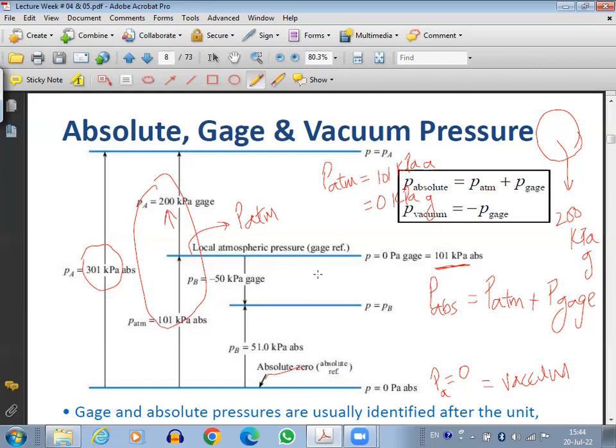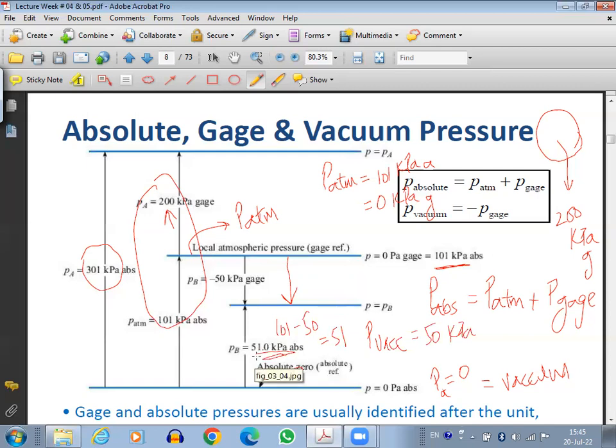So if I say that P vacuum is equal to 50 kilopascal, that means the actual absolute value of pressure is 50 kilopascal below atmosphere. If the atmosphere is 101, then 101 minus 50 equals 51 kilopascal, which will be the absolute pressure.